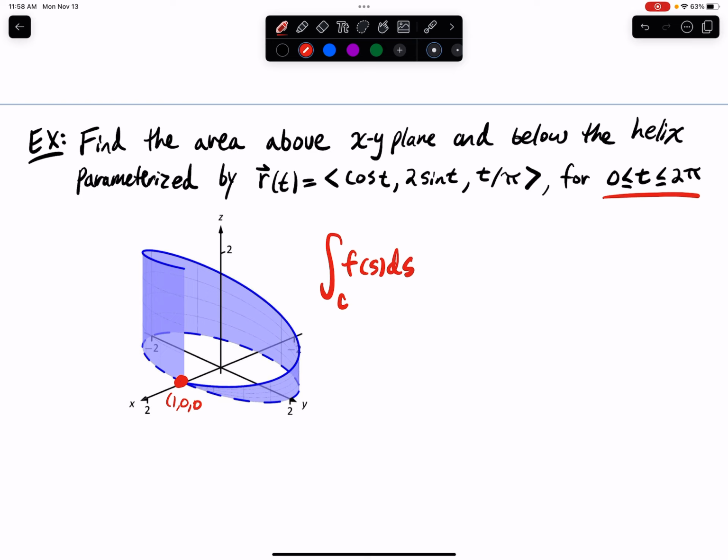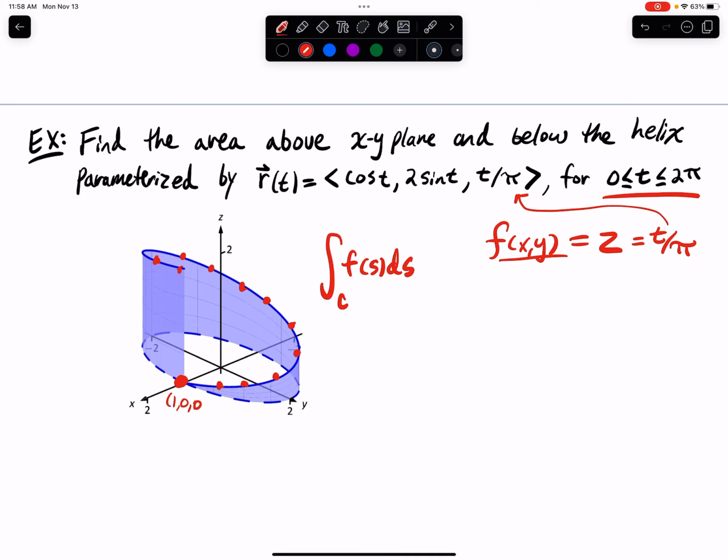Okay, so we don't have an f of x y anymore. We have the z component, which is t divided by pi. Okay, that's the component there that tells us the height, right, at any given t value.